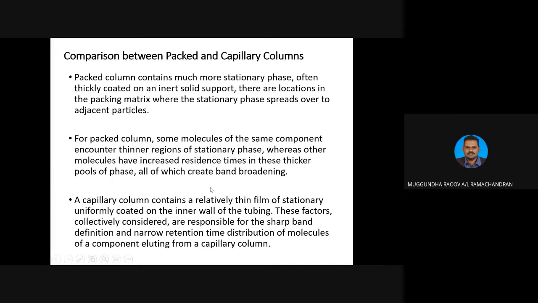As for the capillary column, it contains a relatively thin film of stationary phase uniformly coated on the inner wall of the tubing. Therefore, this factor is responsible for the sharp band definition and the narrow retention time distribution of the molecules of the component during the eluting process from the capillary column.